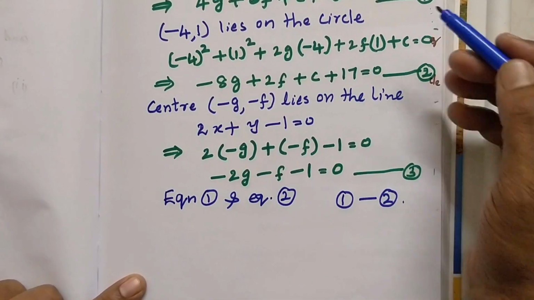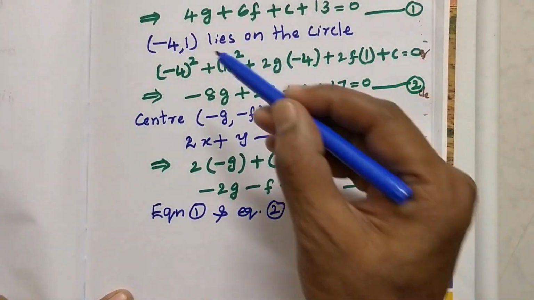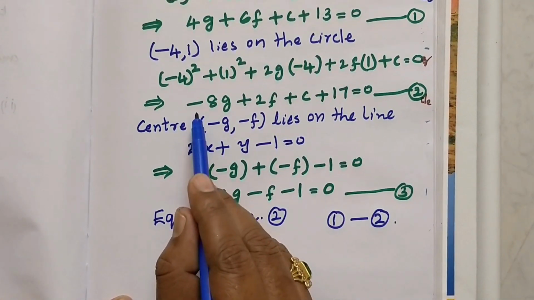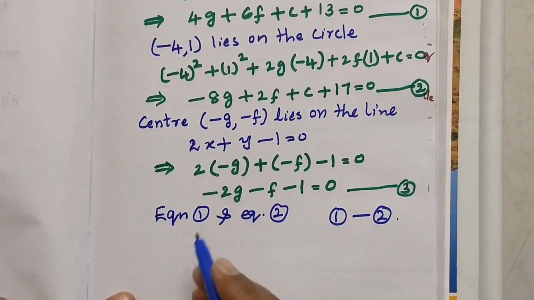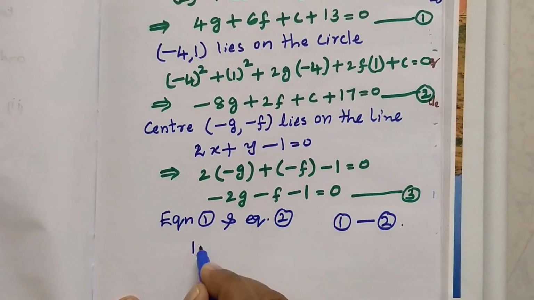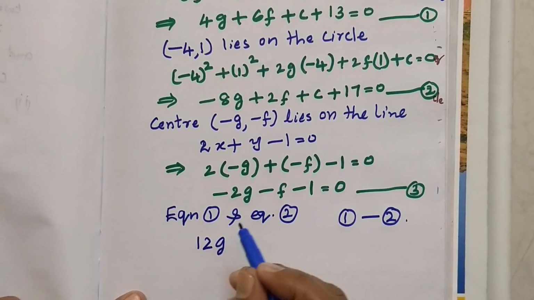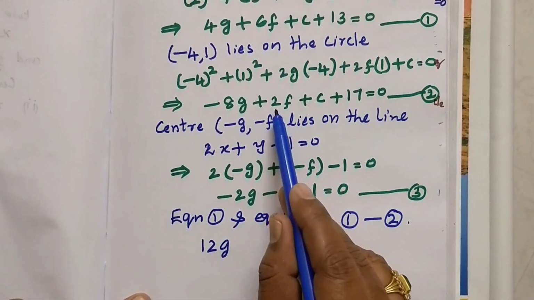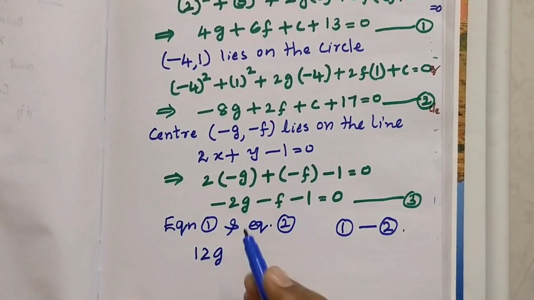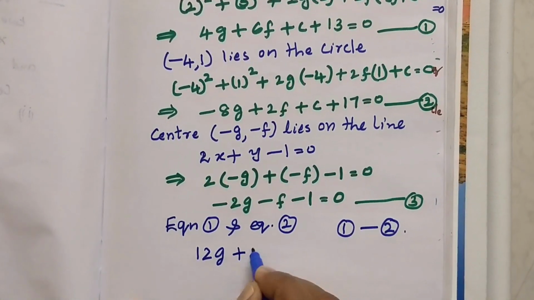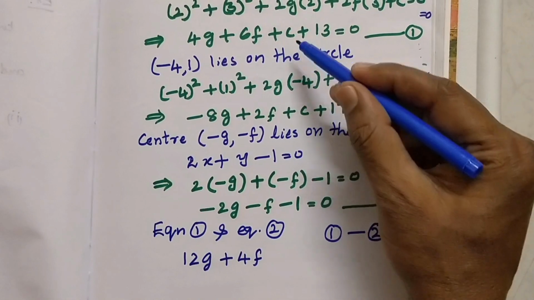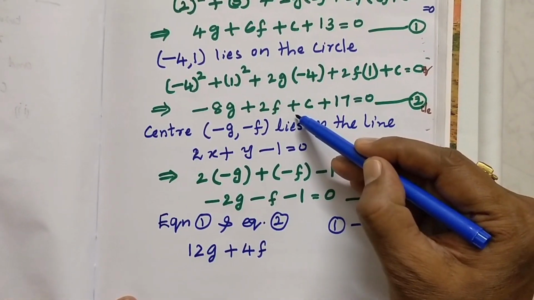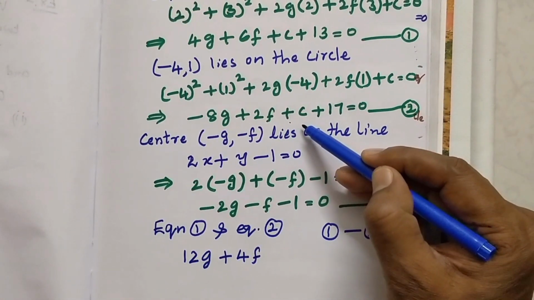4g, this becomes minus minus plus 4g plus 8g is 12g. And then 6f, this is plus becomes minus 2f. 6f minus 2f is 4f. Plus c, this becomes minus c. Plus c minus c is 0. Then plus 13, this becomes minus 17.